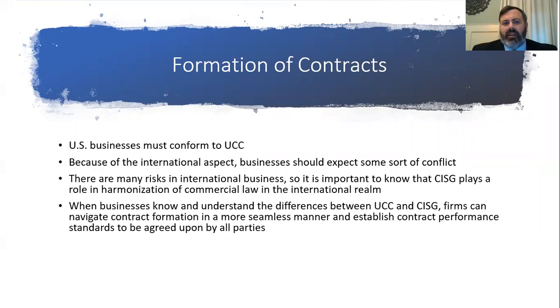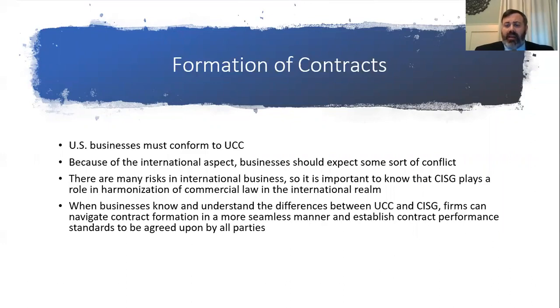Okay, so when you're looking at the formation of contracts, U.S. businesses need to conform to the Uniform Commercial Code. Because of the international aspect, when doing international business, businesses need to expect there's going to be some sort of conflict. There's going to be risks associated with international business. There's language barriers, cultural differences, economic differences, political differences.